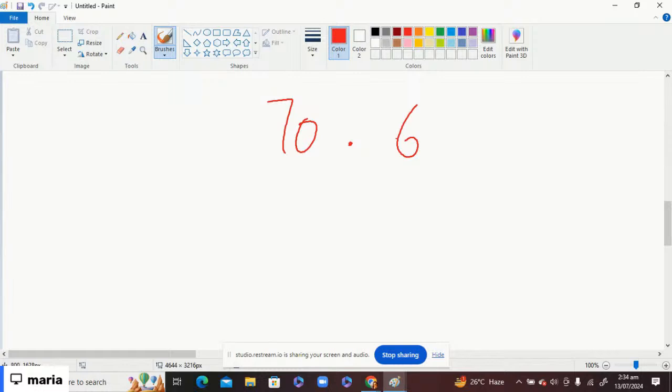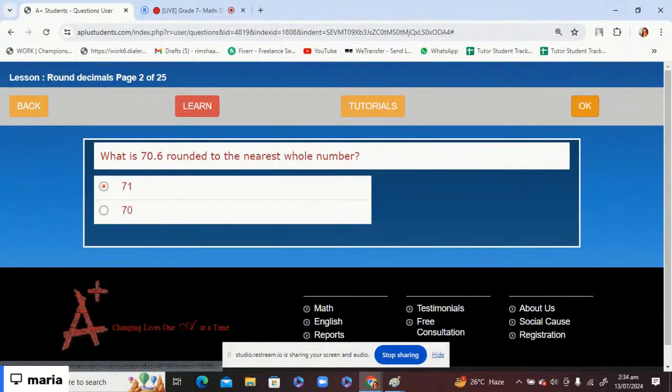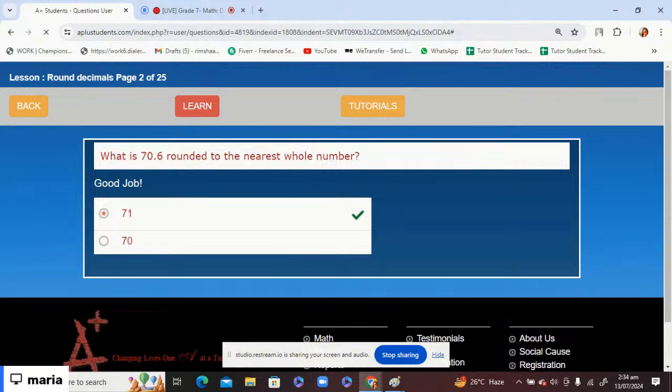Think about it, everyone. Yes, it changes because it's greater than 5. So 70 can be changed into 71. So here it's 71, and that's the right answer. Okay?